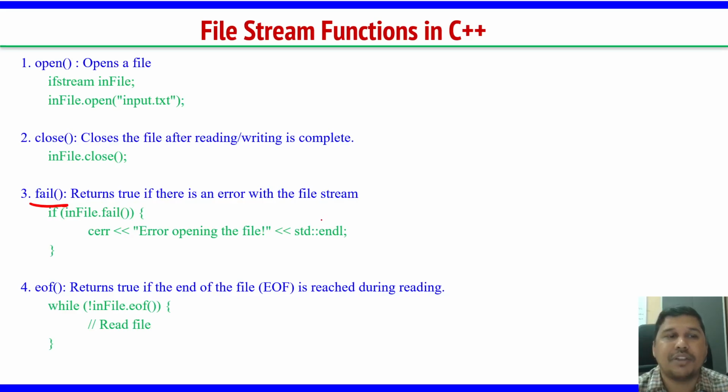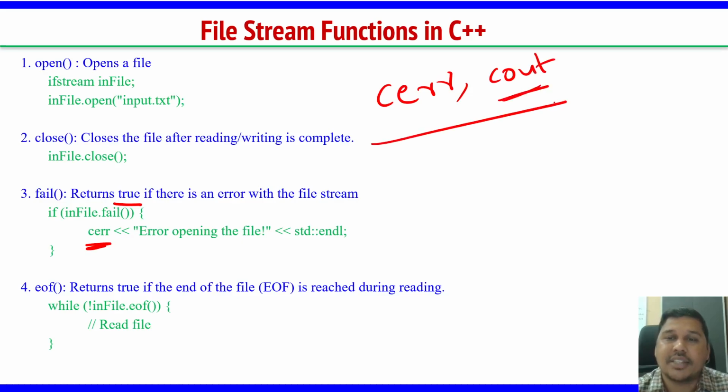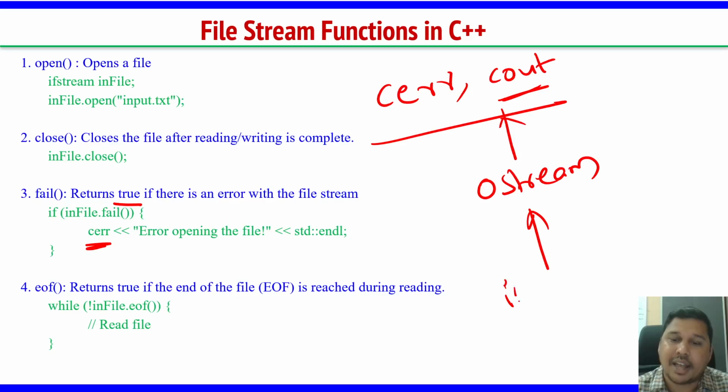What is the use of this fail function? Returns true if there is an error in the file stream. Here I have used something called cerr. You see, CERR. This is a brother or sister of cout. Where is cout available? Cout is available in class ostream, which is available in class iostream.